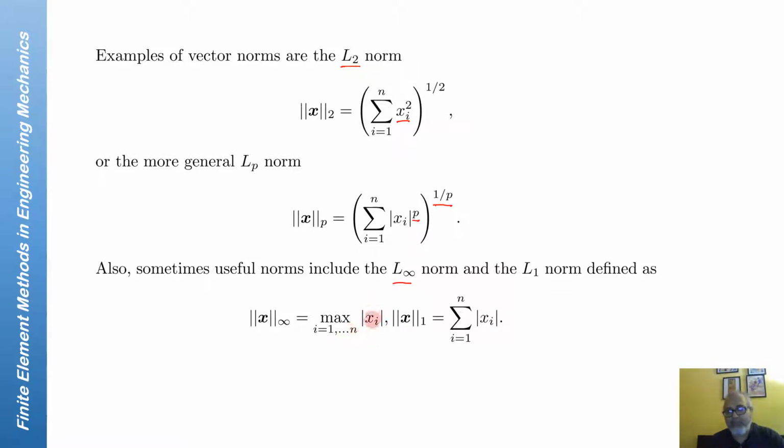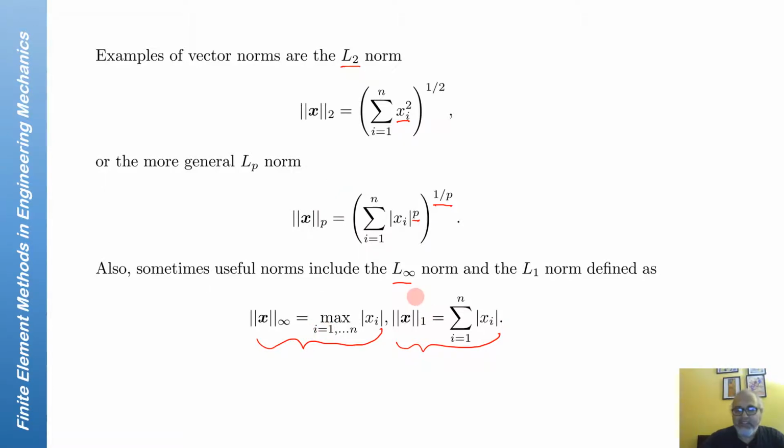And L1, which is for p equal to 1, is simply the sum of the mod of xi. So sum of all the components of the vector. So these are all legitimate operations that give rise to a scalar quantity that is indicative of the size of a vector.